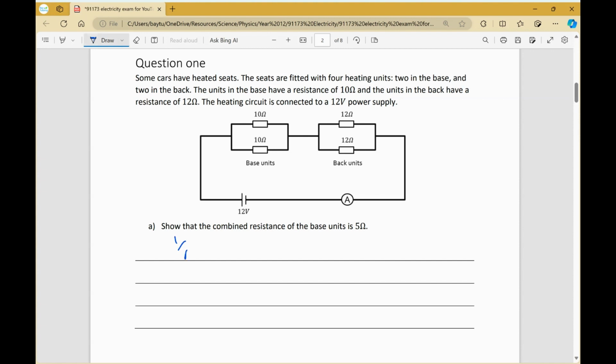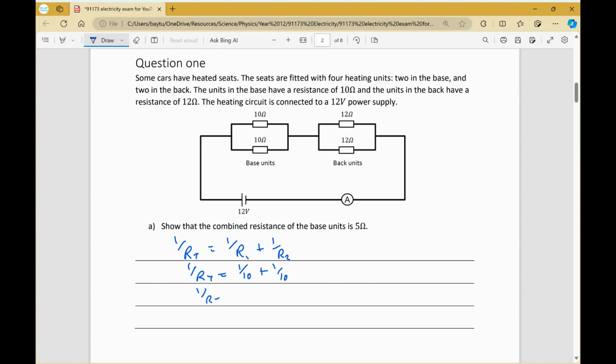So we're going to use this formula, 1 over RT equals 1 over R1 plus 1 over R2, which is the formula that will be on your resource sheet for resistors in parallel. So 1 over RT equals 1 over 10 plus 1 over 10.